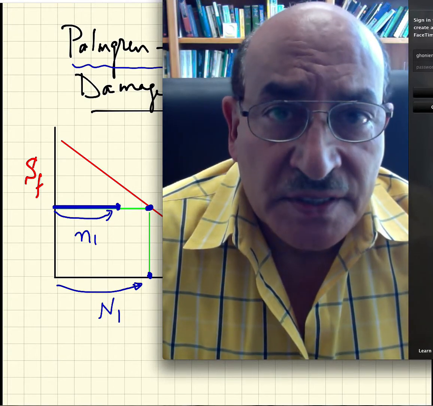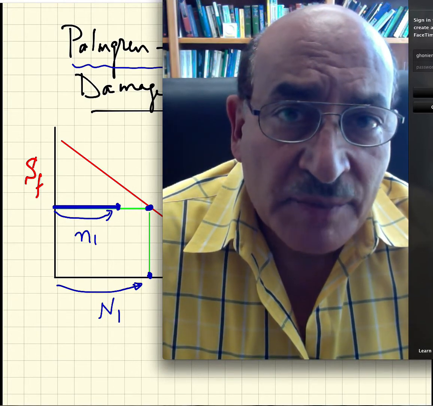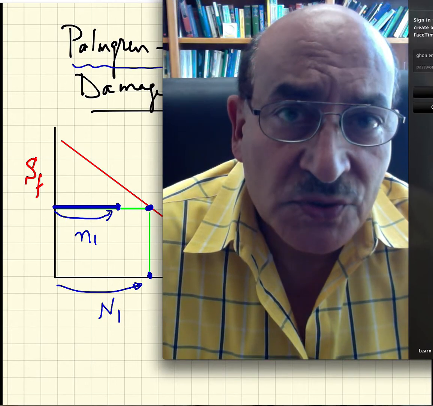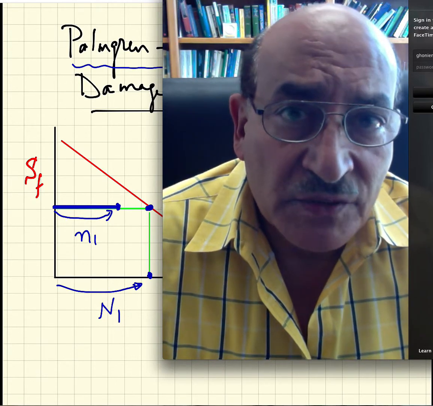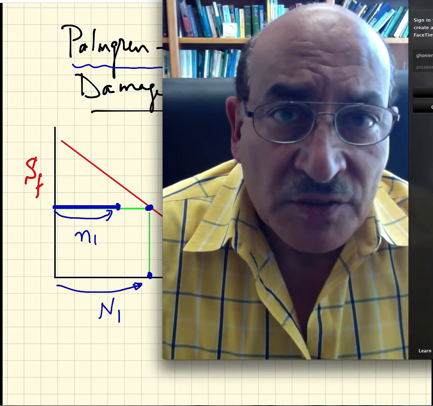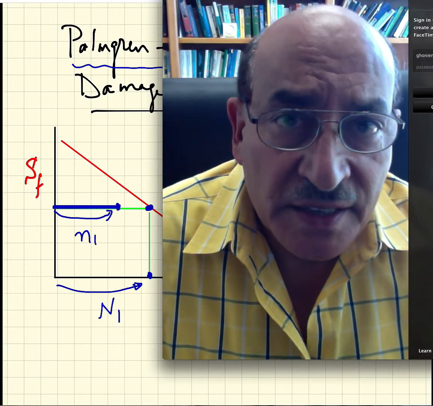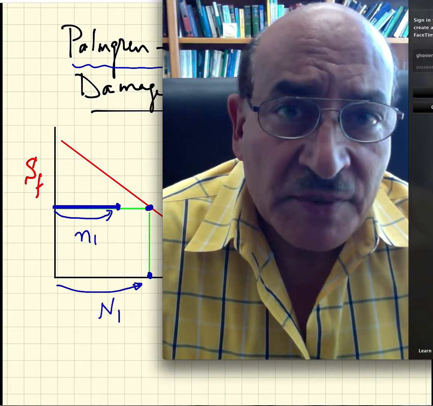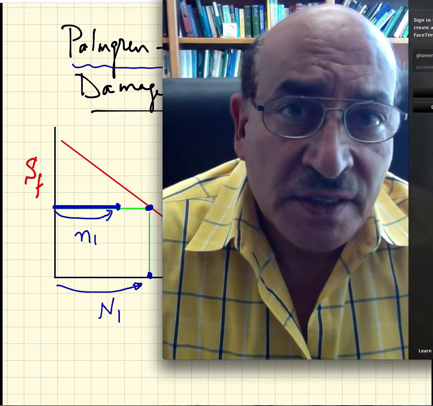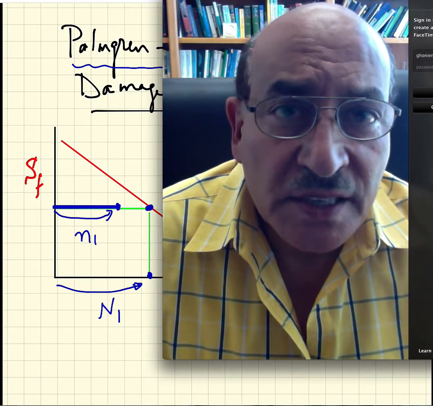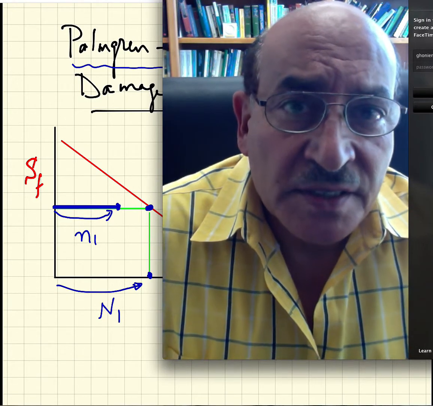Now, if you use it at different levels of applied amplitude, you can do the same and find another fractional damage and so forth. And then if the total damage that's accumulated in the material reaches 100%, we can consider that the component has failed.